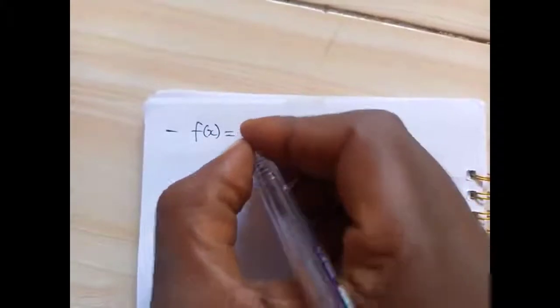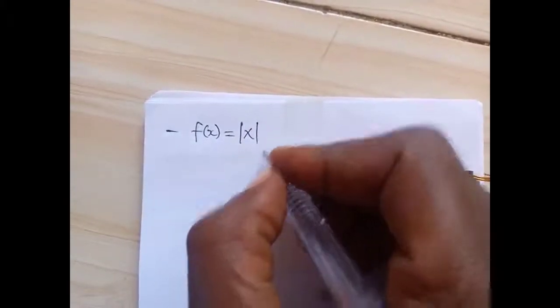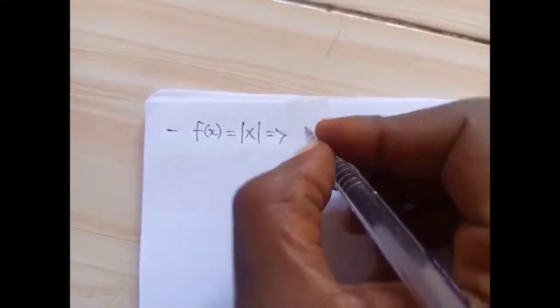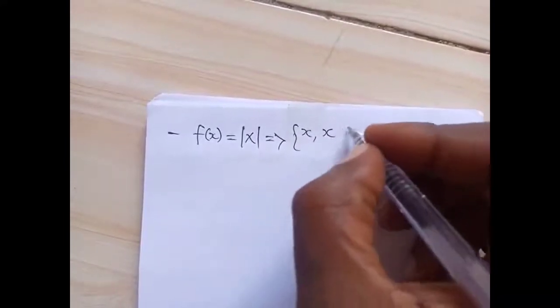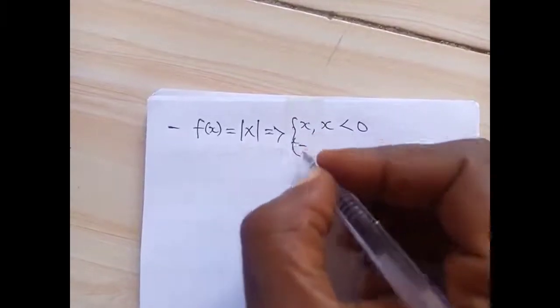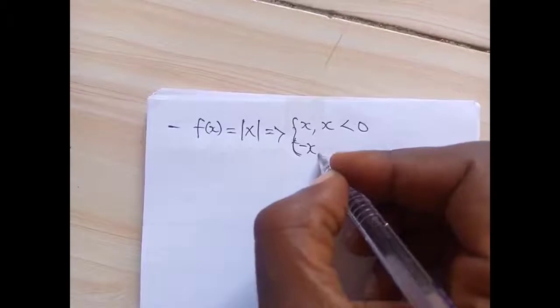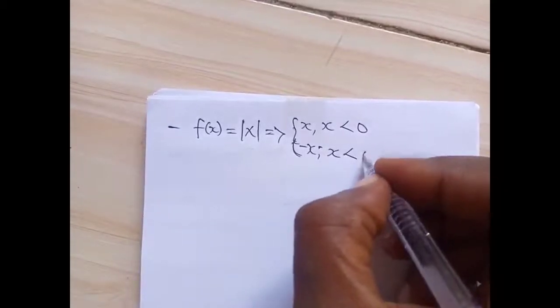Another one is the absolute value function. So y is absolute value of x function. What it means is that we have x less than 0, minus x is also less than 0.